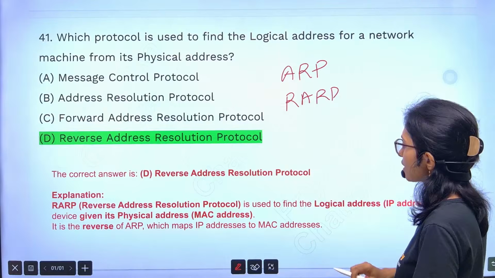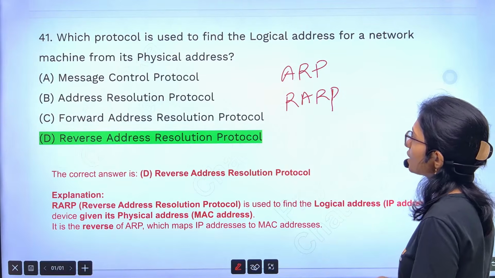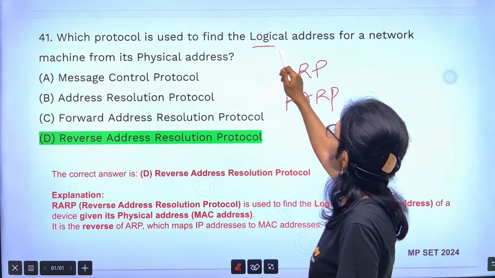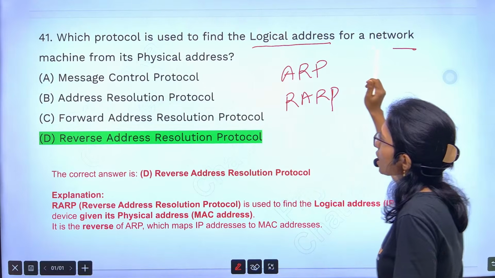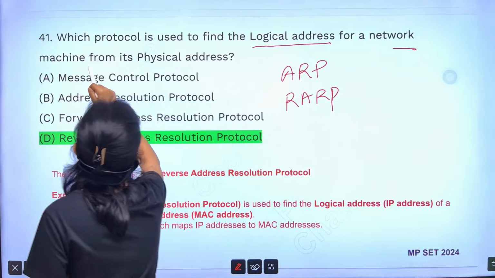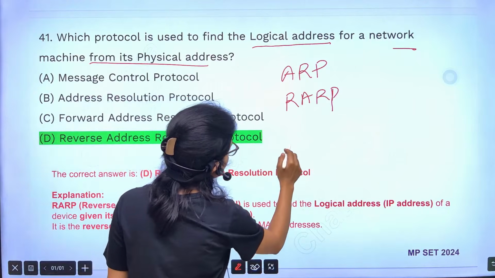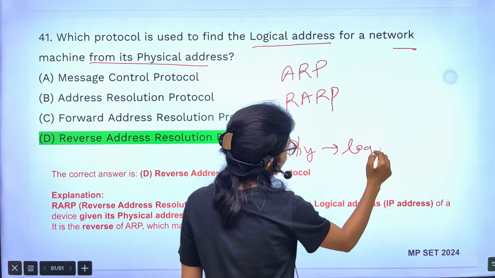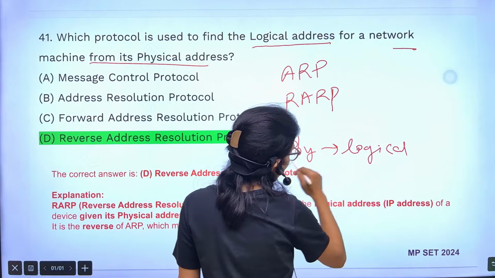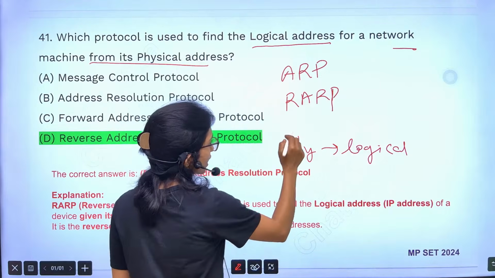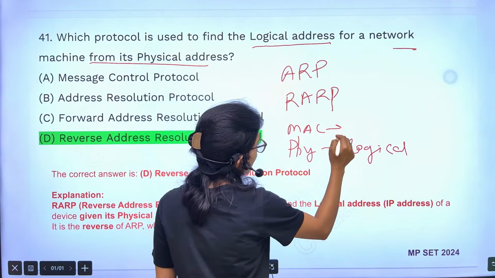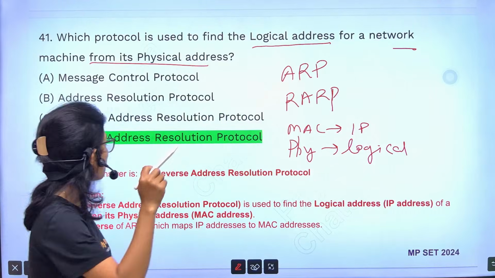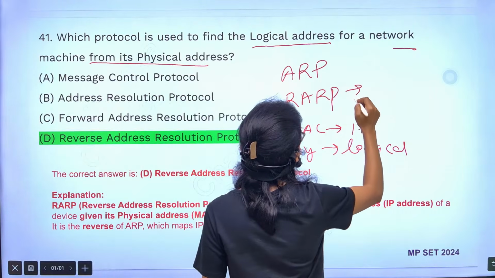Whenever we are doing this, it is given that which protocol is used to find the logical address from its physical address. That means you are doing physical to logical. Input is physical, output is logical. Physical address means MAC address. MAC to IP conversion is going on here.